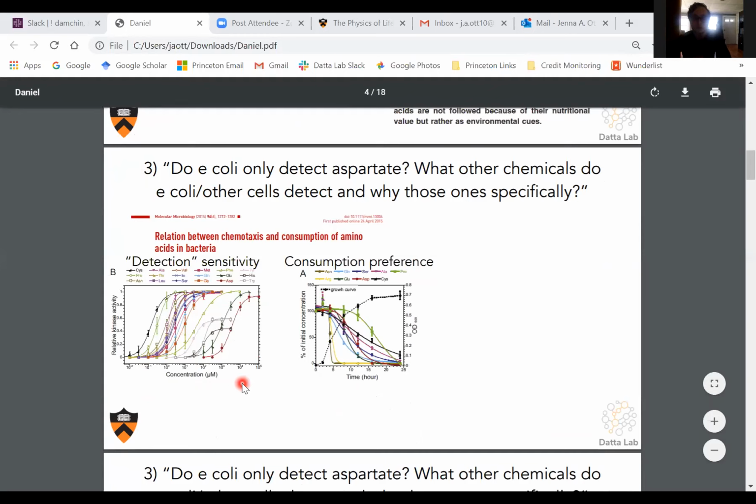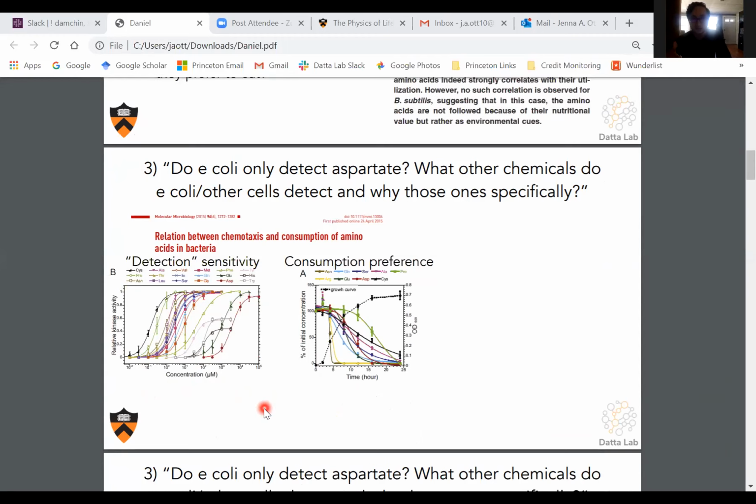So at a lower concentration for the one on the far left, each one of these graphs represents a different amino acid. They looked at E. coli and B. subtilis. This one's for B. subtilis. And they looked at how much of that particular nutrient or attractant had to be in the environment.